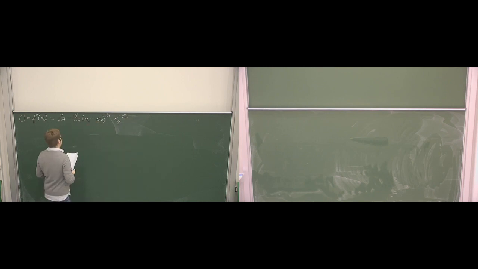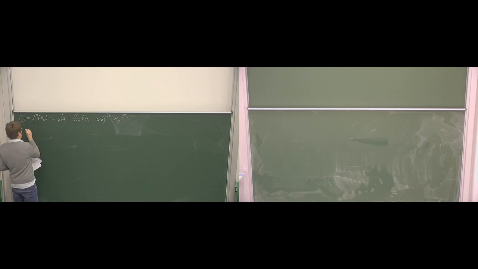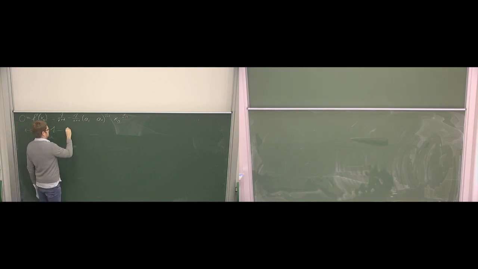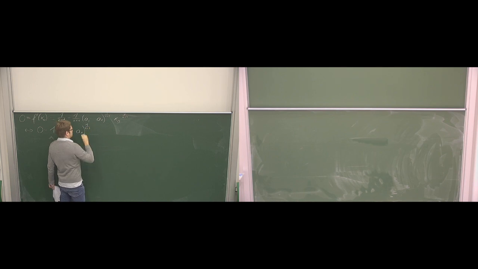Okay, let's have a look. First of all, we can just multiply everything by n plus 1. So then this becomes 0 equals 1 minus (a1 to an) to the power of 1 over n plus 1 times x0 to the power of minus n over n plus 1.